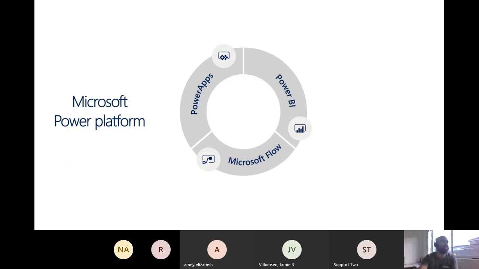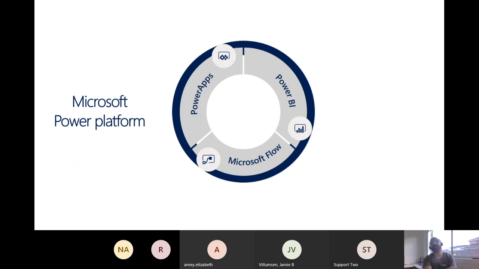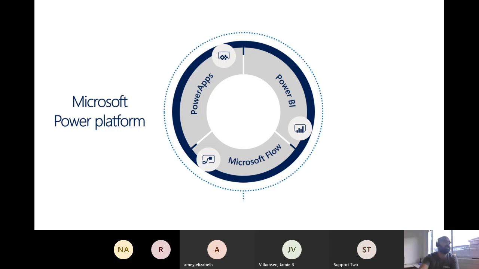So all the forms that we saw, the app that we saw was a model driven app. The processes that it is using is based on Microsoft Flow, which is now called Power Automate. Power BI for the reporting, we will be using the Power BI.